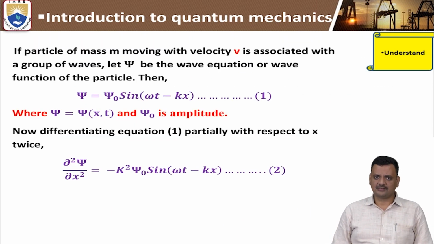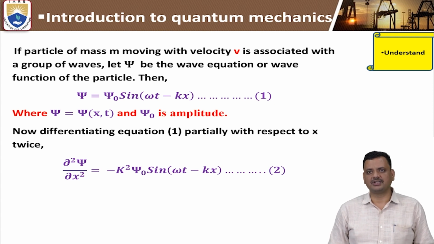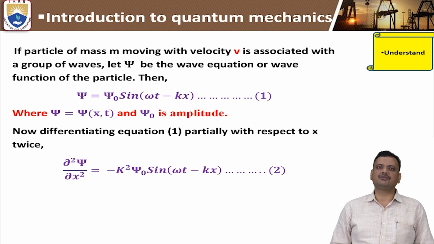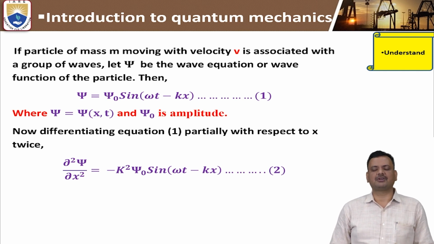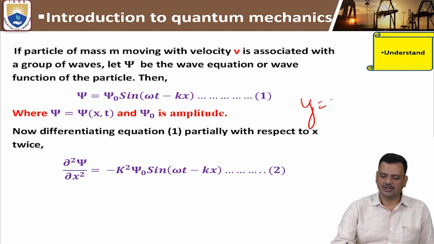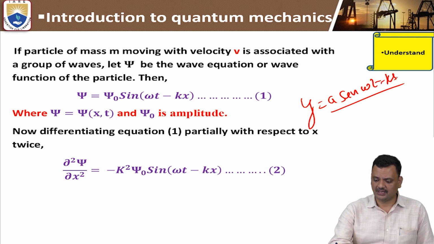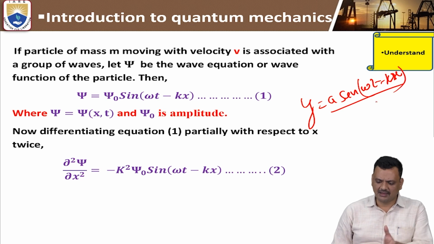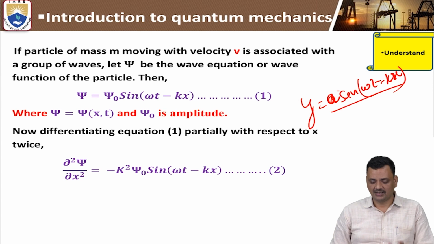Now what did he write? If a particle of mass m moving with velocity v is associated with a group of waves, let psi be the wave equation. Generally y equals a sine omega t, a very general equation; if any phase term is there, then omega t minus kx. The same thing, where a is the amplitude and y is the displacement.